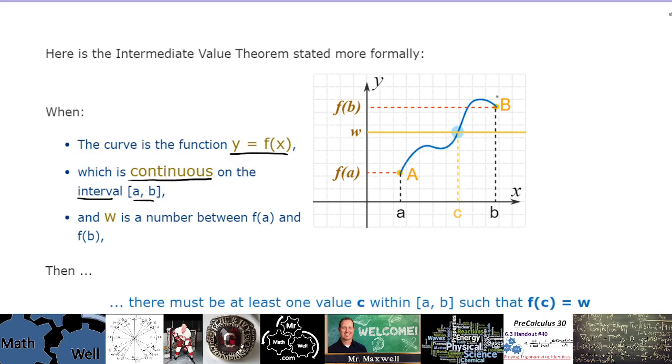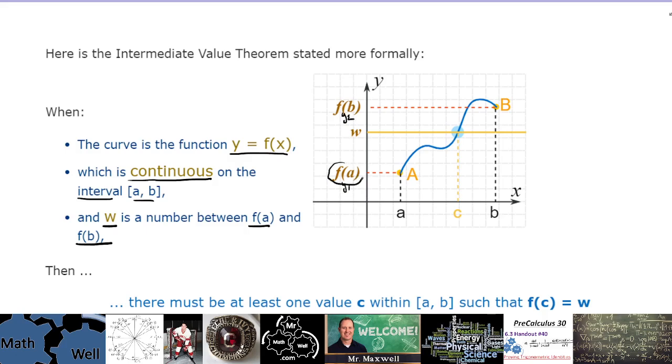If it's continuous, at least on this interval, we can focus on this interval then. And if we say w is a number between f of a and f of b, that was our y1 and y2, remember, in our first example.